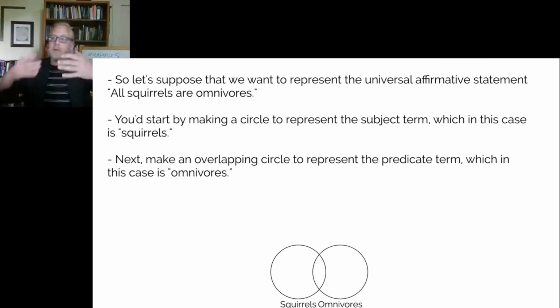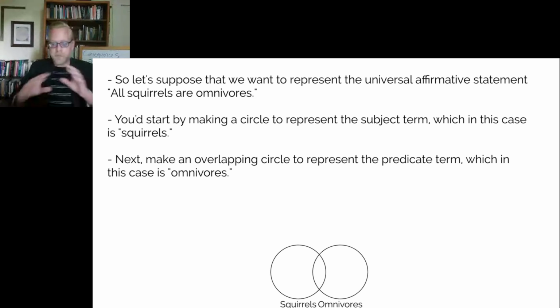Because that's what each of those 4 statements represents. They all are saying something specific about the relationship between the subject category and the predicate category. And so this gives us the vocabulary, or the syntax, for this.